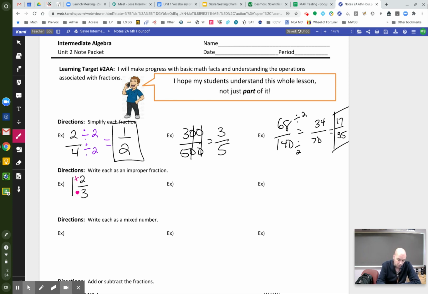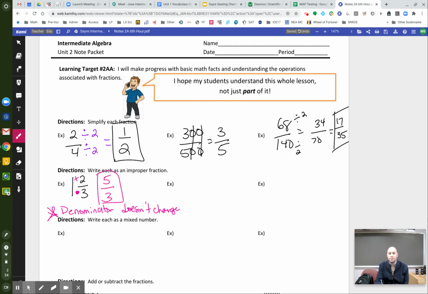So I'm going to do 3 times 1 plus 2, which is going to give me 5, because 3 times 1 is 3, plus 2 is 5. Now the denominator never changes though, so it always stays 3. So I'm going to put a star. Denominator doesn't change. All right, I'm going to circle that and box that up.